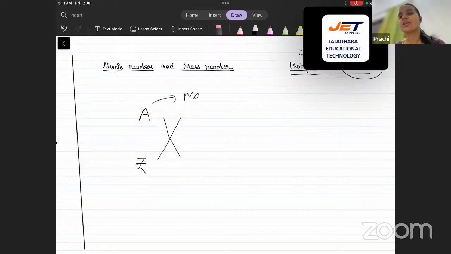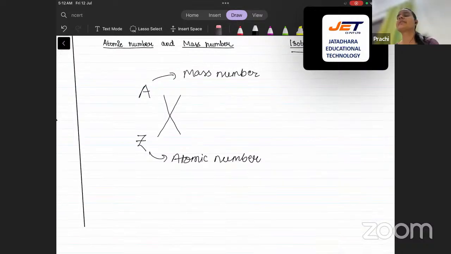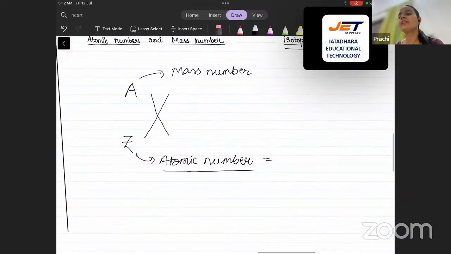So this is your mass number, represented by A, and this is your atomic number, represented by Z. Now if I know the atomic number, then I can know the number of protons.